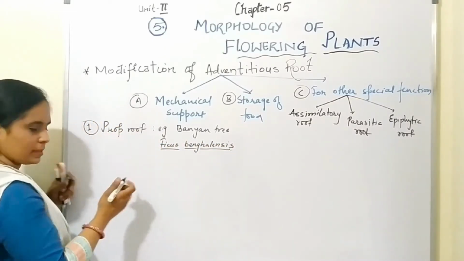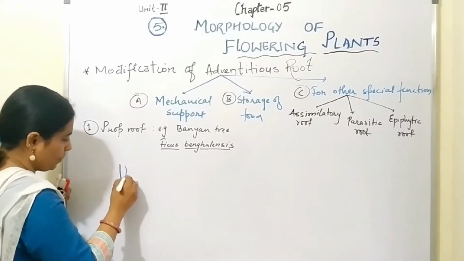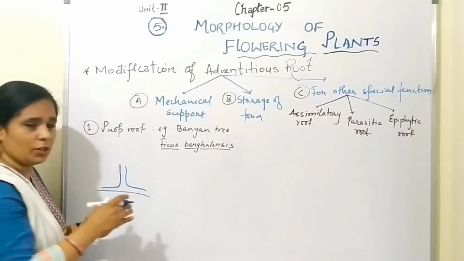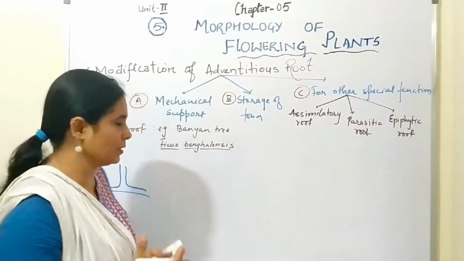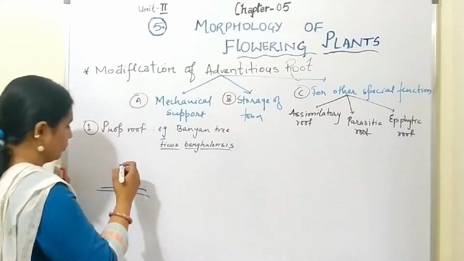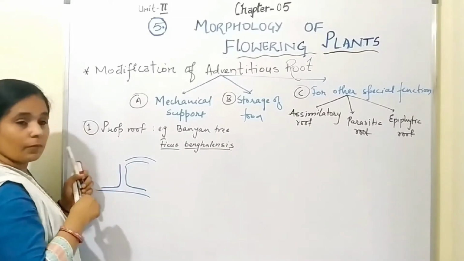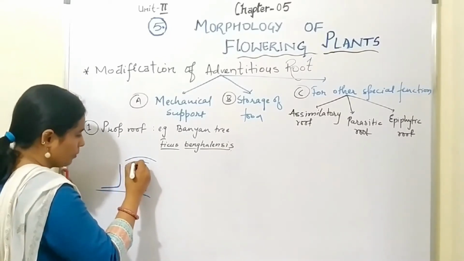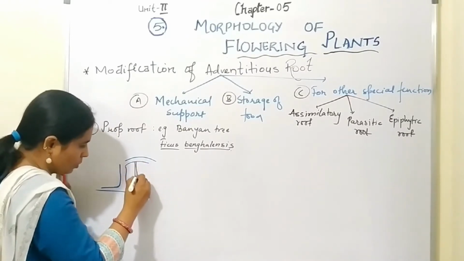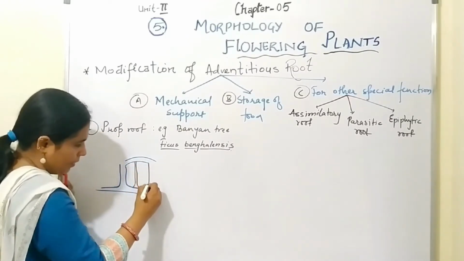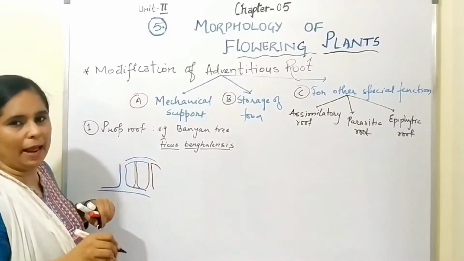So, in this kind of tree, you will see that the canopy of that tree is very huge. The canopy is very broad, the plant is very heavy. This tree is very heavy. So, in that case, the branches will start forming roots and those roots will reach up to the soil, and these roots help in supporting the plant.